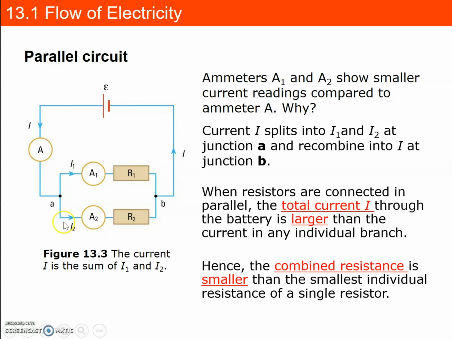And for I1 and I2 to be smaller, it means that the resistances R1 and R2 here are larger. So overall, the combined resistance R of the whole circuit is smaller than the individual resistances R1 and R2. So the combined resistance is smaller than the smallest individual resistance of a single resistor.